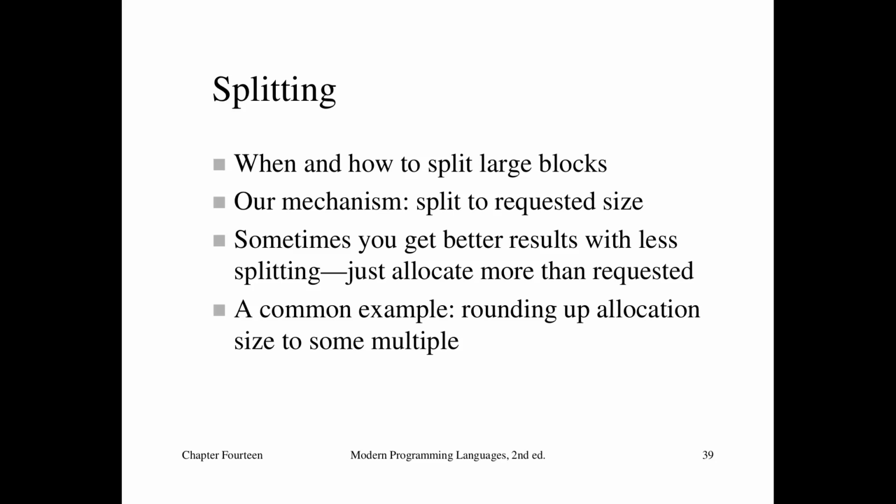If they requested a 6, they would get an 8, or maybe 2, depending on what you're doing. I would say probably typical is 4 blocks, 8 blocks, 16 blocks, something like that. It just makes management easier for you, and it's a trade-off between efficiency of allocation versus efficiency of memory use.